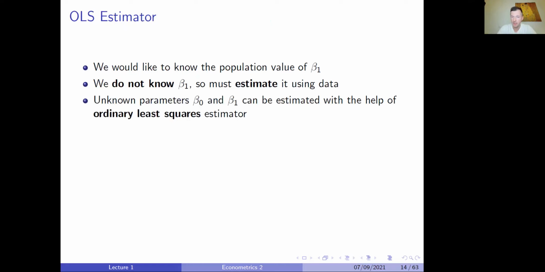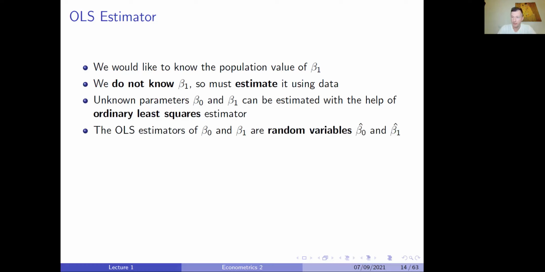So we estimate these unknown parameters with the help of the ordinary least squares estimator. This is a special type of estimator, and an estimator is a rule that allows us, based on the data, to infer something about unknown parameters.